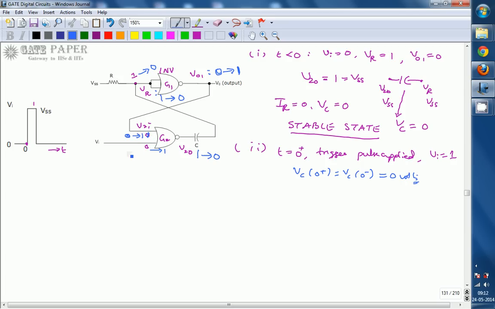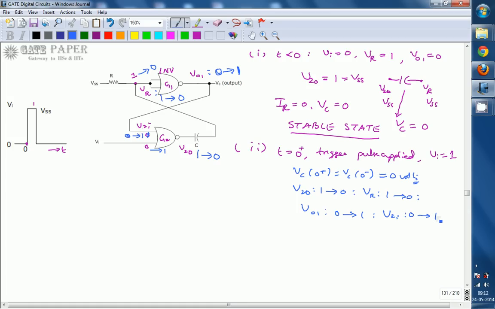At t equal to 0 plus, we will write the voltages later and discuss that. So by that time V2 naught changes from 1 to 0, which makes VR change from 1 to 0, which makes V01 change from 0 to 1, so that V2I changes from 0 to 1.